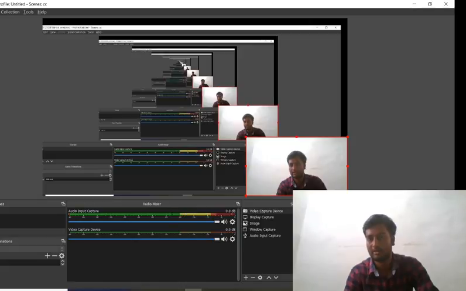Next, removable singular point. So removable singular point means an isolated singular point is said to be removable if it has no principal part. That means there is no negative power of z, right? For suppose f of z is sin z by z. Otherwise there is another definition.